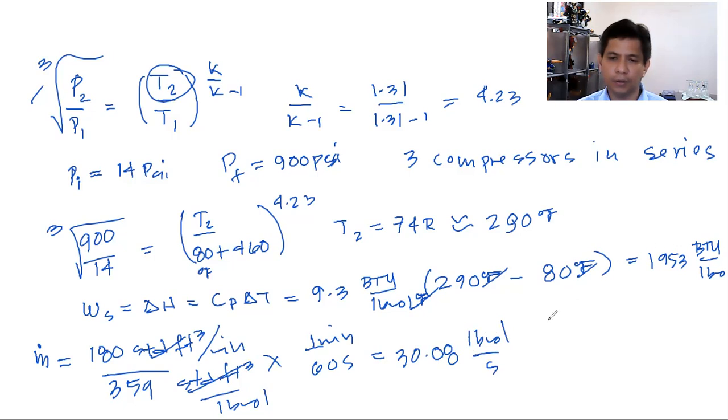Okay, so just multiply this and then you will have BTU per second. Then divided by the efficiency. I'm just going to check the efficiency.